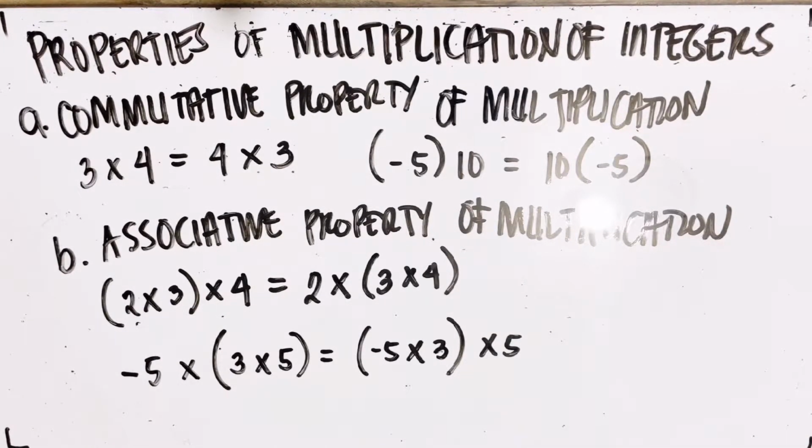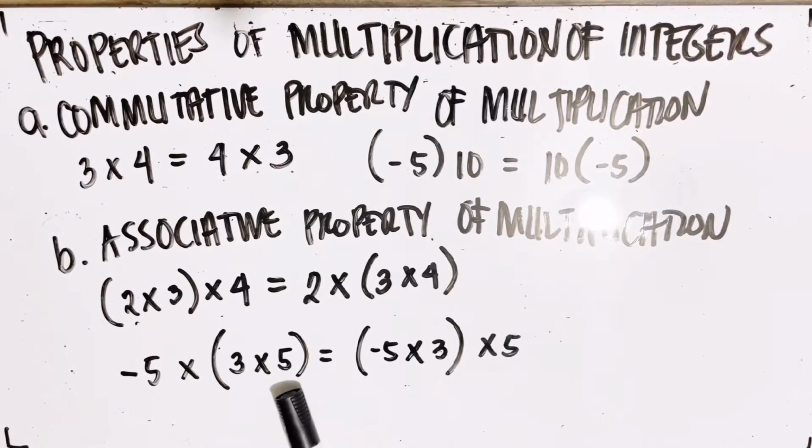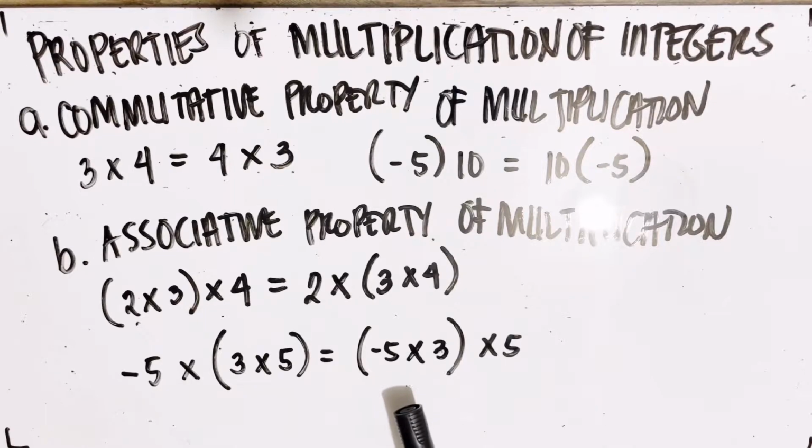So here, what is being grouped was 3 and 5, while on the right side, what is being grouped is negative 5 and 3. Let's see if their answers are the same.